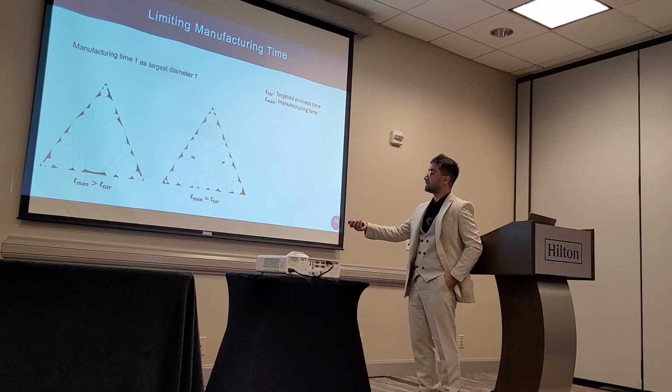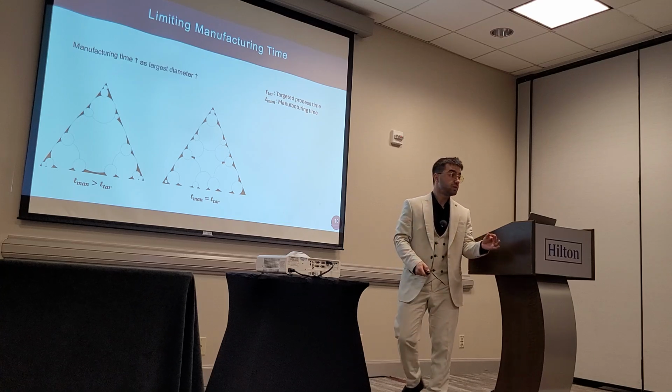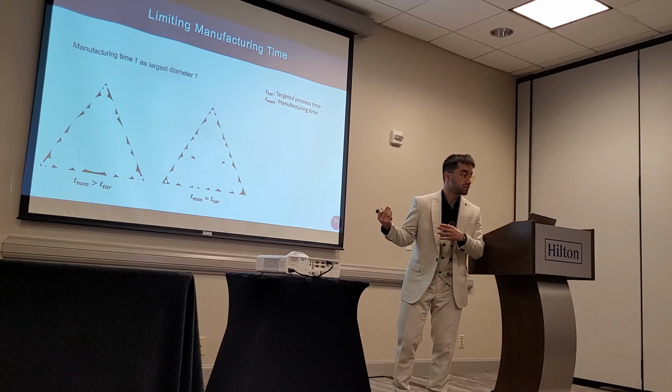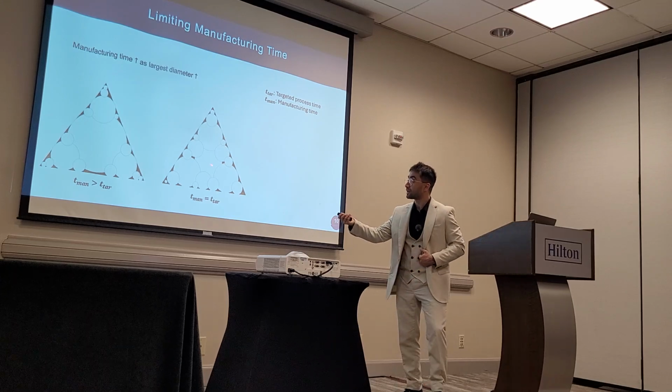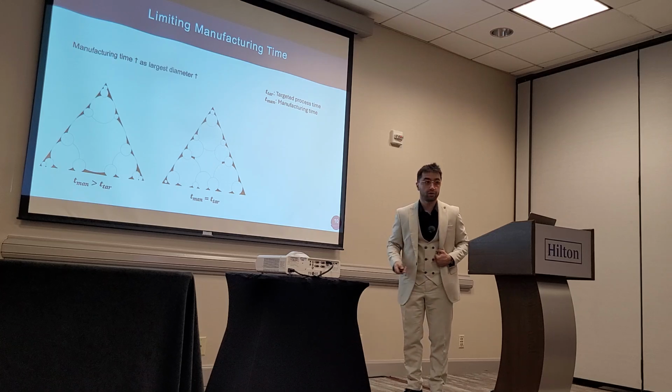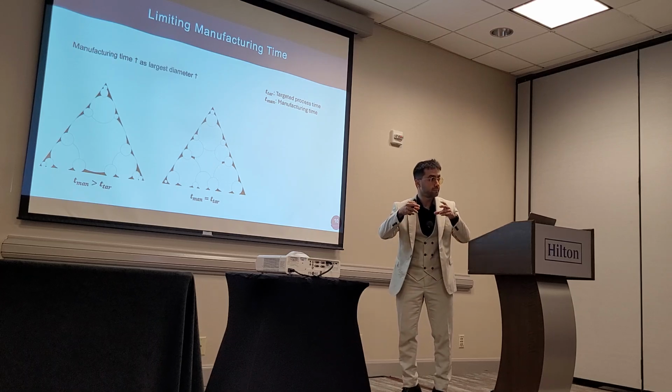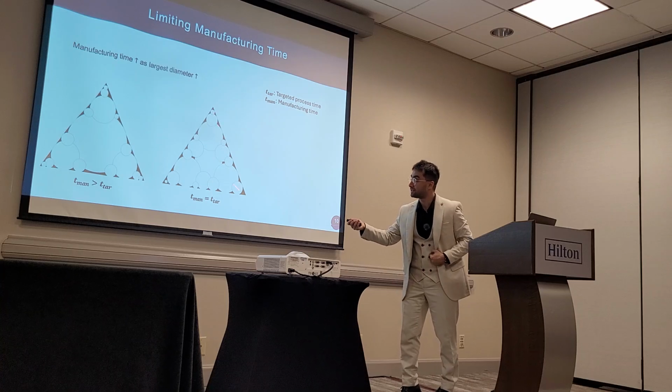So in this case, we have shrunk the largest diameter so that we don't need to wait a lot of time for this structure to be grown. In other words, if you just initiate these points, you can take them out before, so that you will have this shape instead of this.